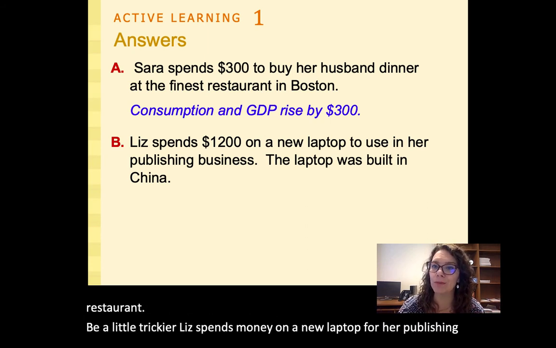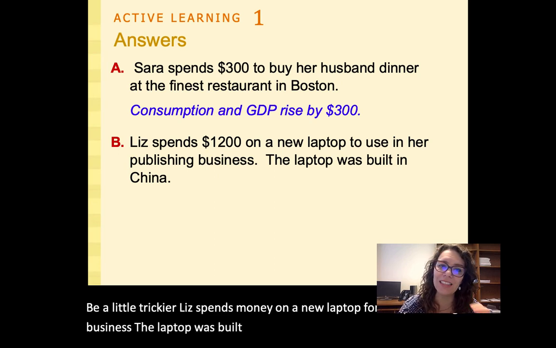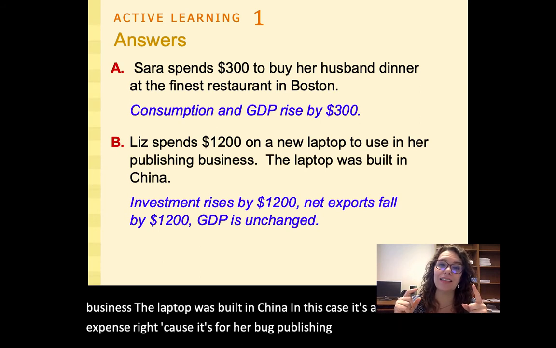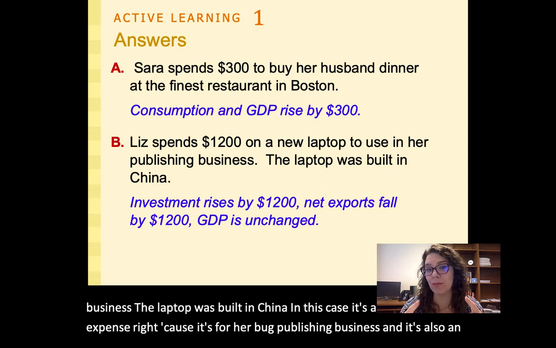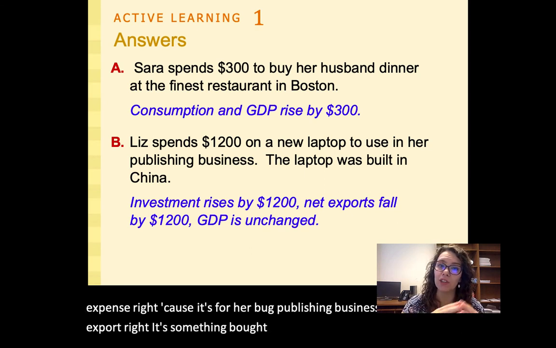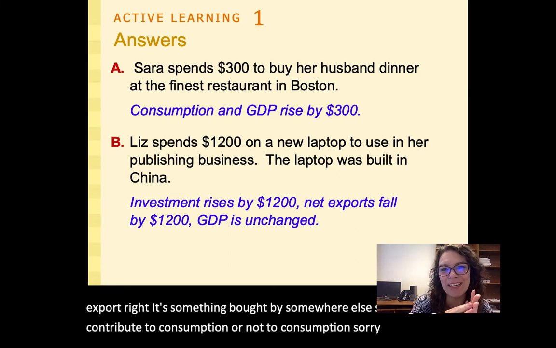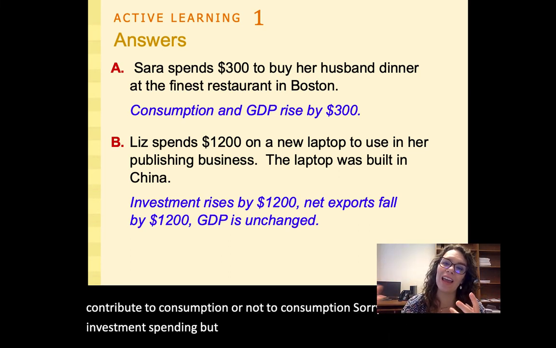B is a little trickier. Liz spends money on a new laptop for her publishing business. The laptop was built in China. In this case, it's a business expense, right, because it's for her publishing business, and it's also an import, something bought from somewhere else. So it contributes to investment spending, but it's also an imported good from another country.